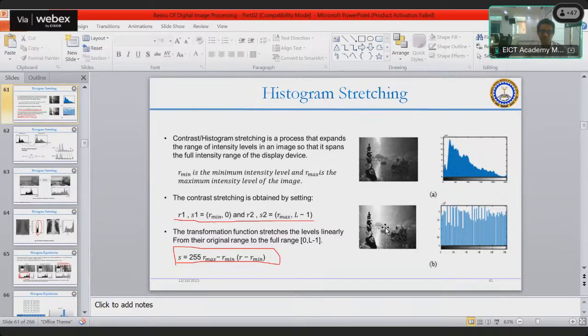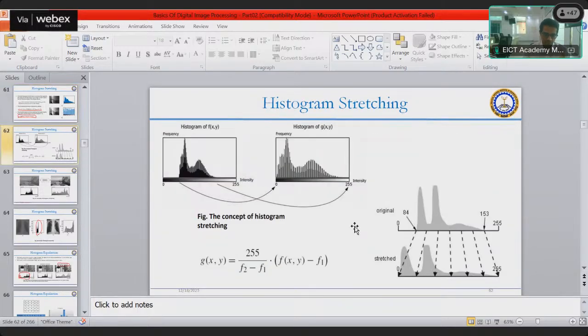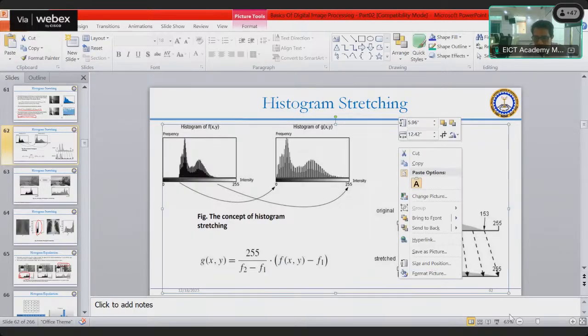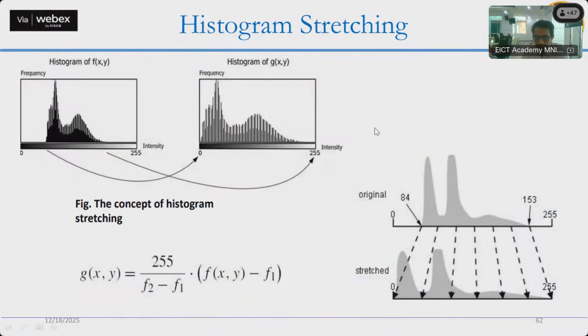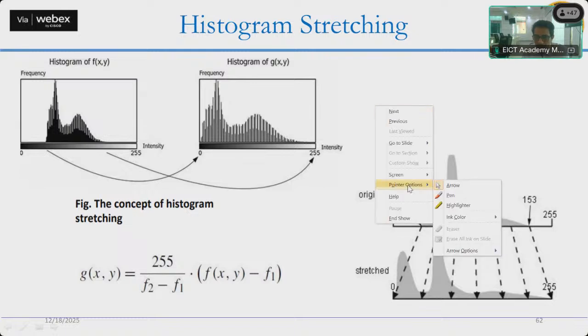We want the high contrast image. High contrast will be there where your histogram is stretched. So when you plot this value from here to here, it has been stretched, and this is shown here. You see here the original one. Let me show you.